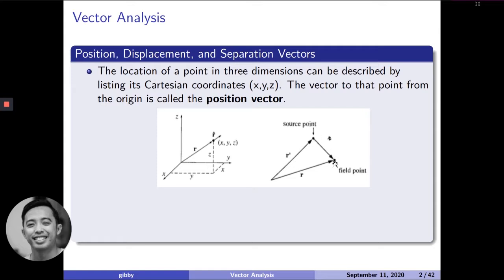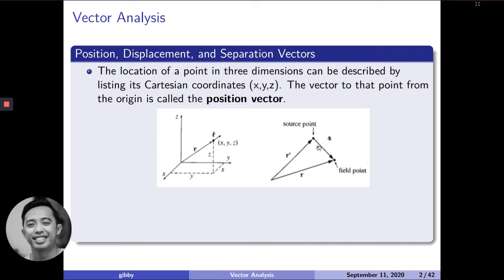And we also have the field point. The source point could be the source of your electric field. So it could be a positively charged particle or a negatively charged particle. Then your field point could be anywhere. With the field point, you test what is the strength of the field produced by the source point. This is what we call the field point, and it is denoted by vector r.